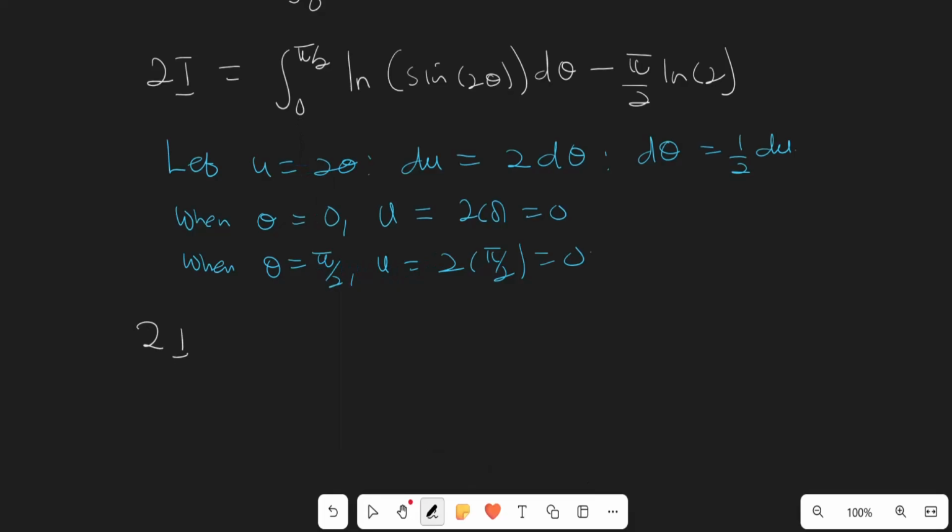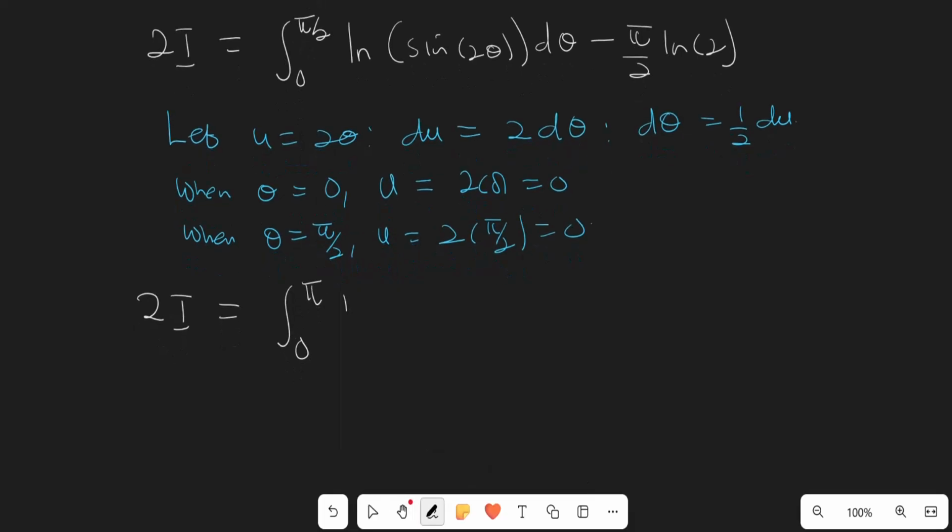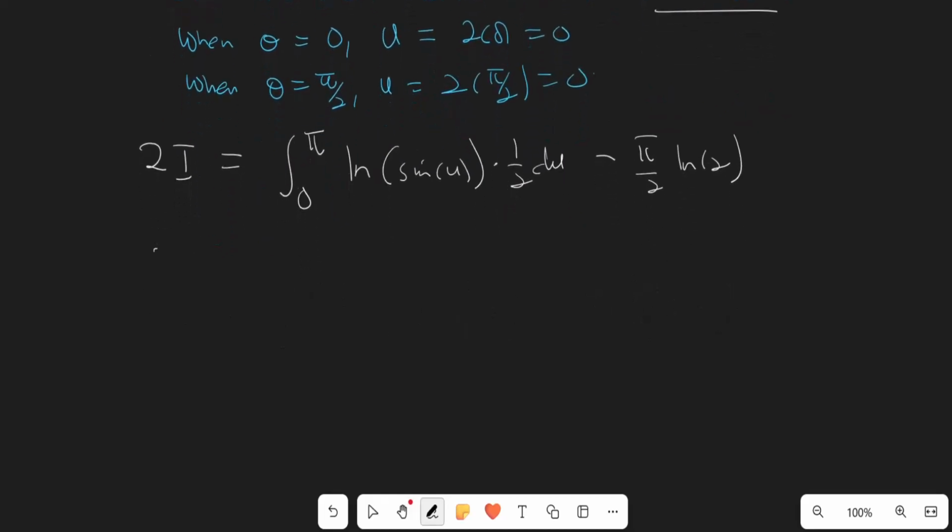So that implies we have 2I to be equal to the integral from 0 to pi of the natural logarithm of sine of u, and d theta is going to be half du, minus our pi over 2 natural logarithm of 2. So 2I is going to be, 1/2 is a constant, comes in front, the integral from 0 to pi of the natural logarithm of sine of u du minus pi over 2 natural logarithm of 2.